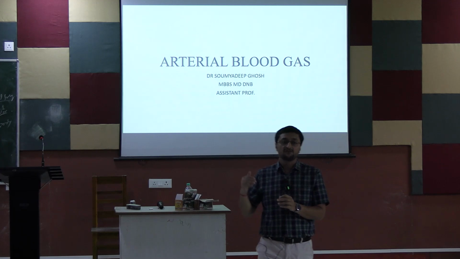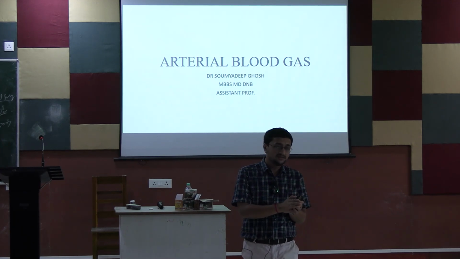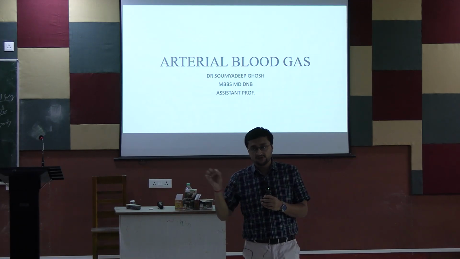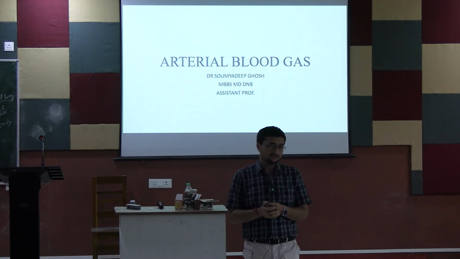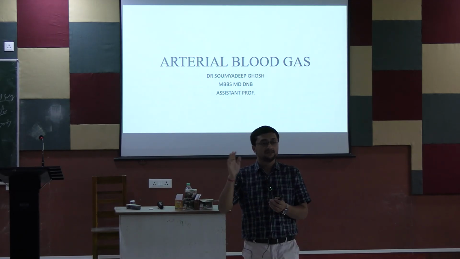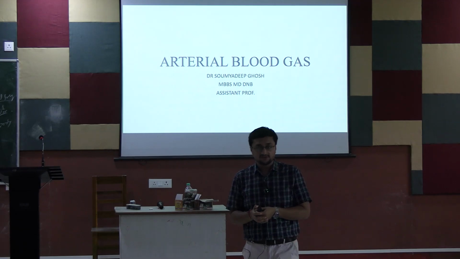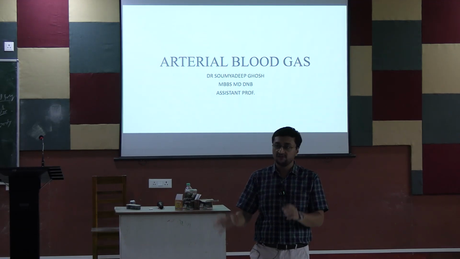And in case of pH, the pH of VBG blood is generally 0.03 lower than the ABG blood, okay, because of the carbon dioxide level, right? So this is venous and this is ABG.